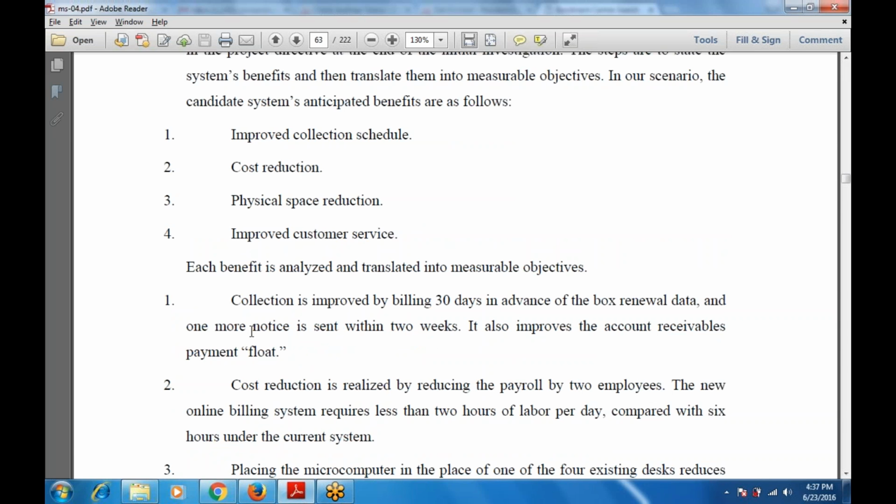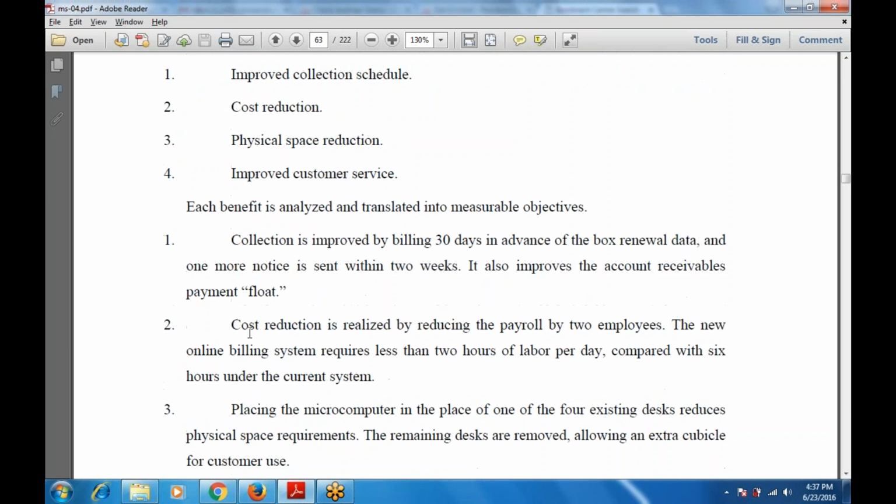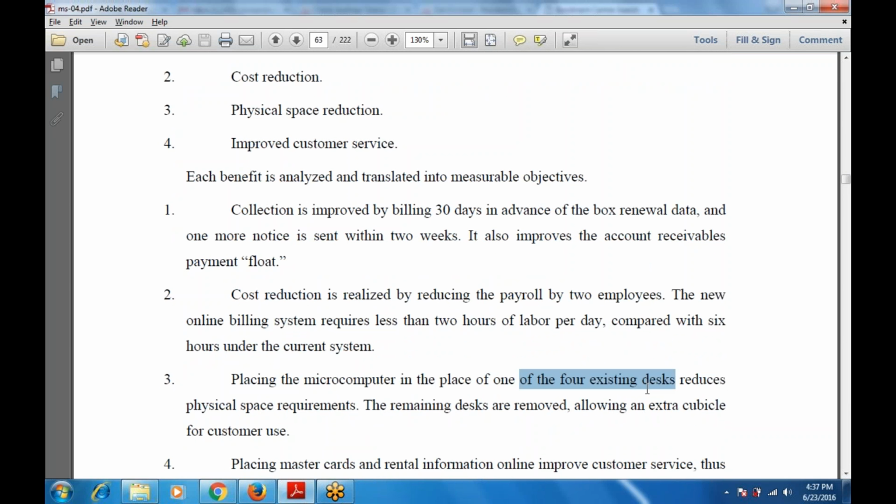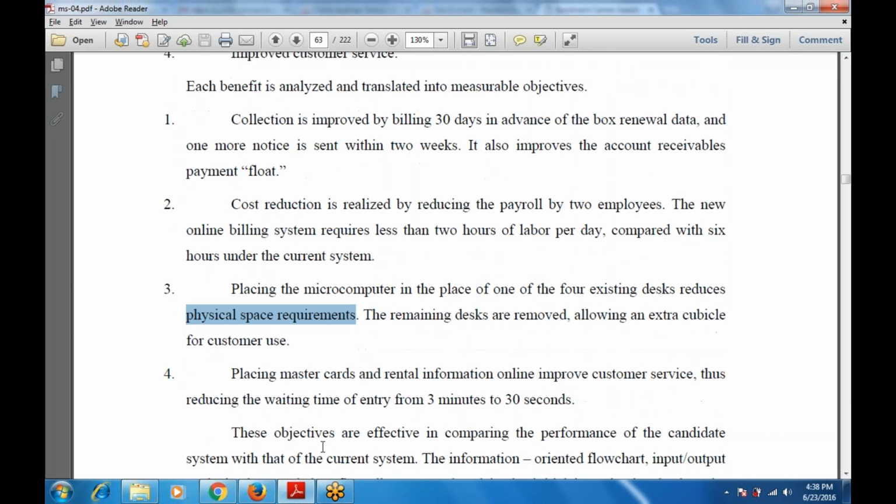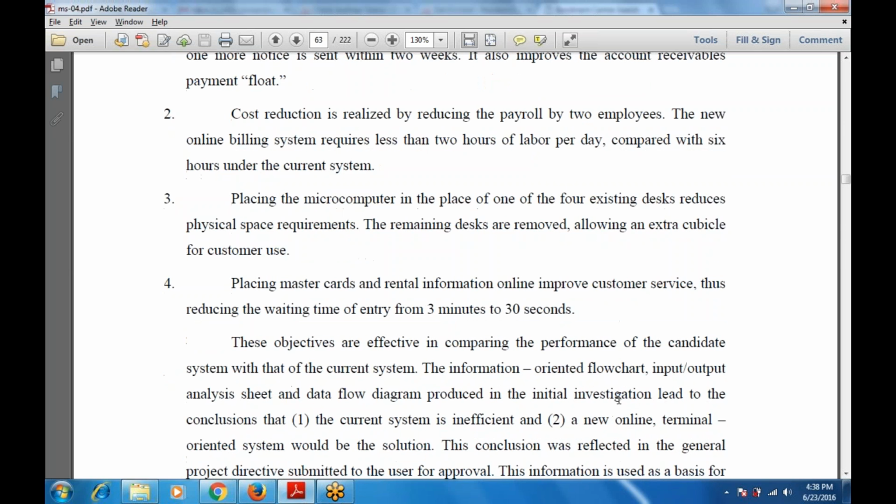The cost reduction is realized by reducing the payroll by 2 employees, and placing the microcomputers in place of one of the 4 existing desks reduces the physical space requirements. Then placing the MasterCards and the rental information online improves customer service, reducing the waiting time of entry from 3 minutes to 30 seconds.